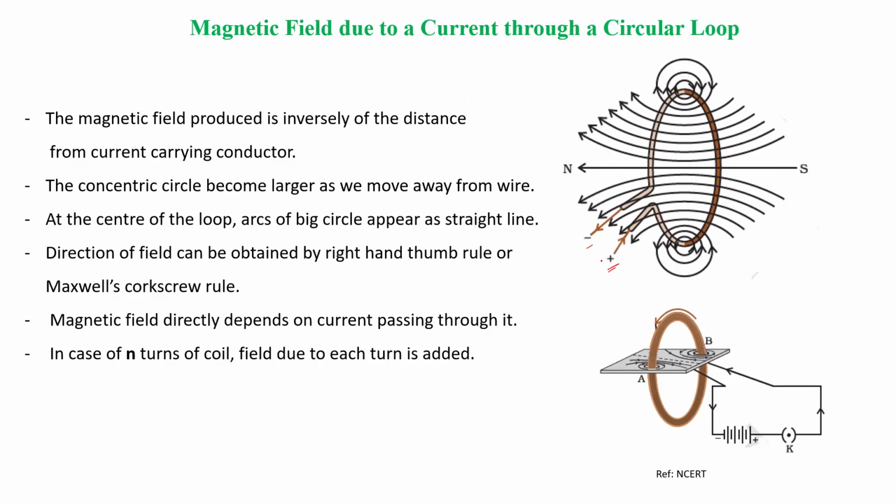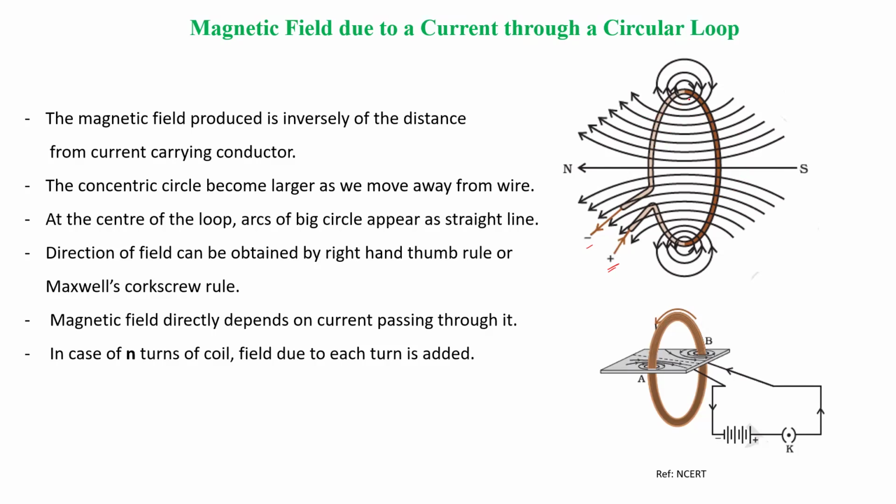If you hold this wire again, the thumb should be in the direction of the current. The wrapping of the fingers will show the direction of the magnetic field. On the basis of that, these arrows are drawn here.